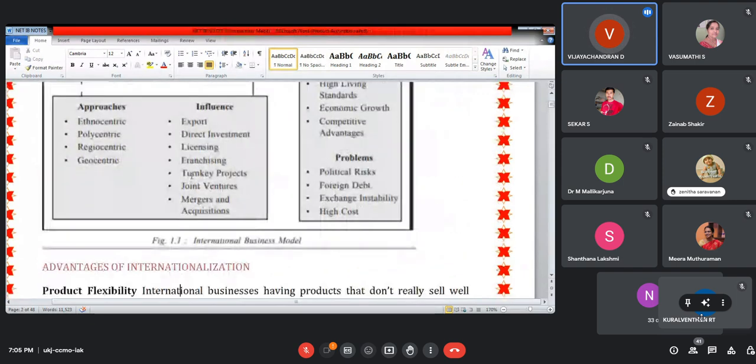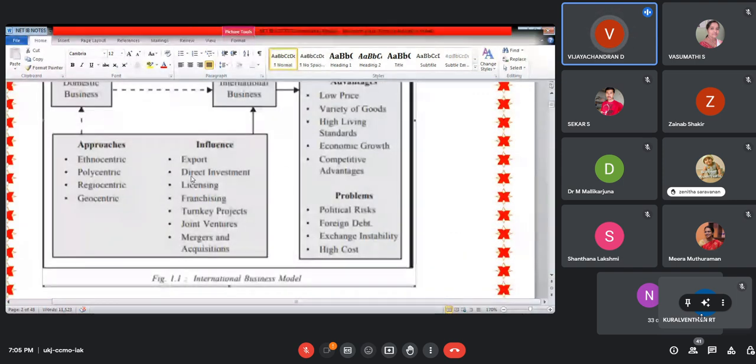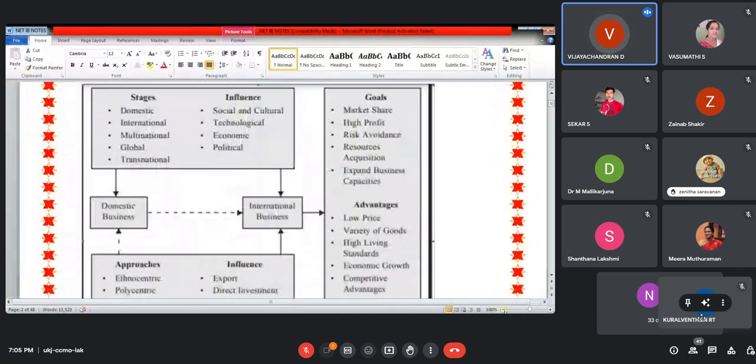I told. So first one is domestic. Then you will go for international trade. Then multinational. Then the fourth stage is globalization. The next stage is transnational. In the case of transnational, your product will be existing in almost all the countries.